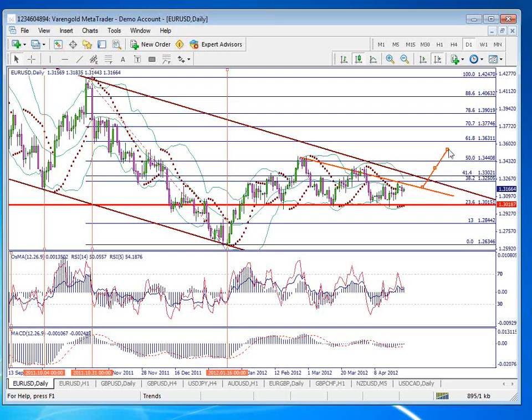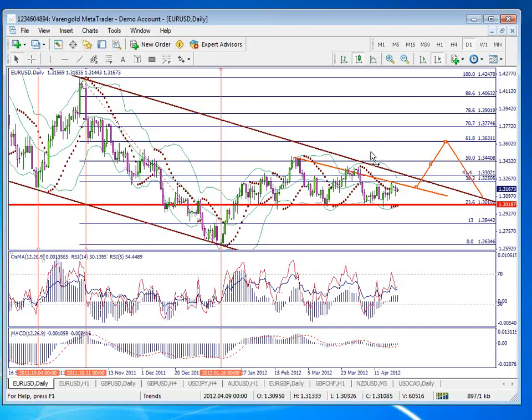So this will be wave A, a next wave that will test the trend line, and a new one into the up direction, probably at 50.